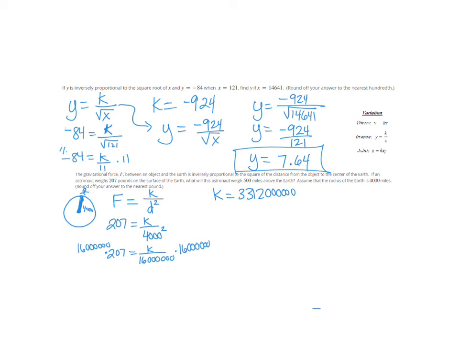Then what I'm going to do is redo my formula. This formula right here gets rewritten with the K value in it. Change colors on us here. So my new formula that I'm going to use for the rest of the problem is this right here.